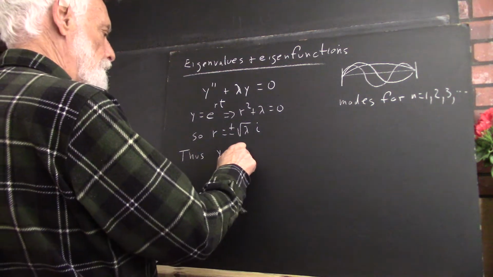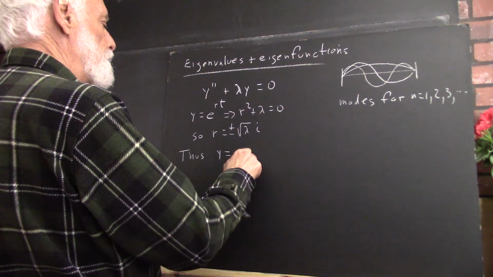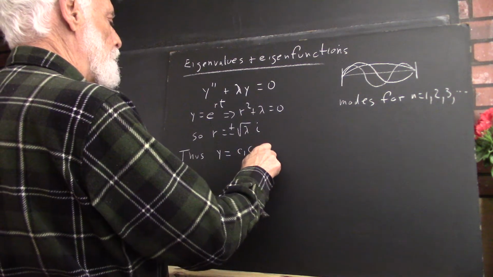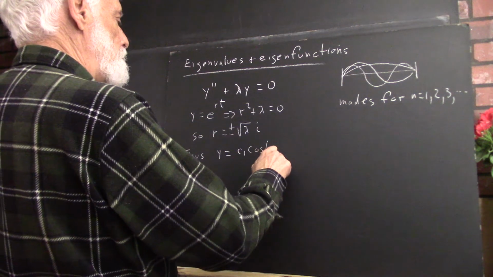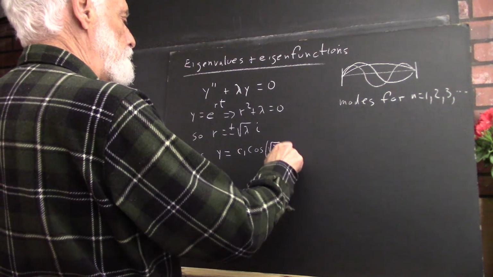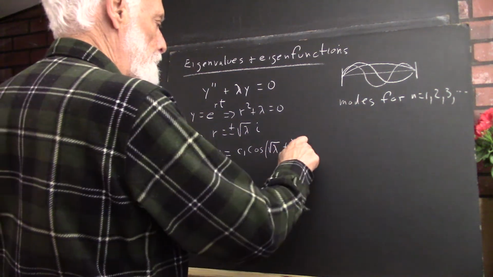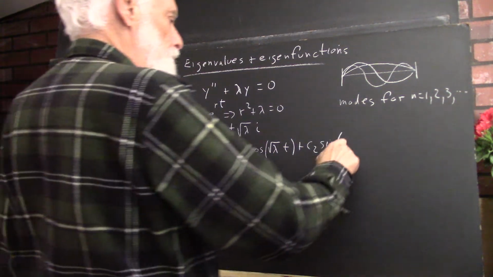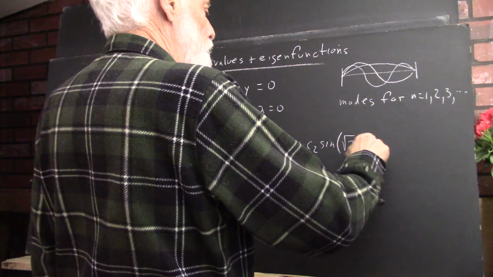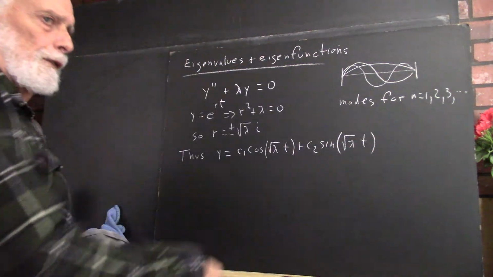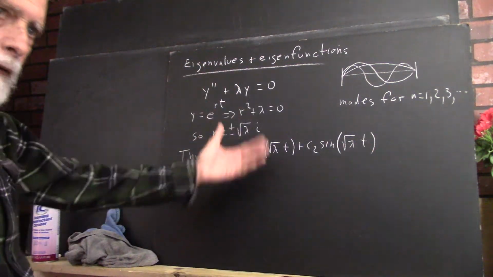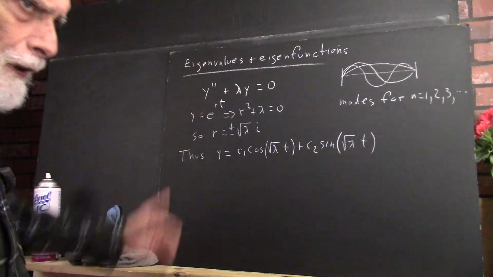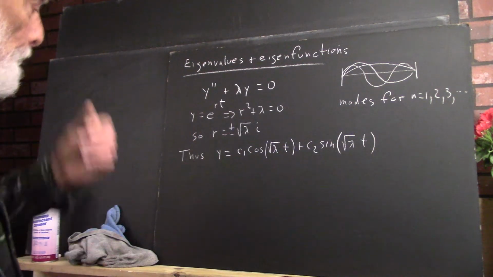I'm just going to write out the solution. So it's going to be like a C1 cosine of square root of lambda t plus C2 times the sine of the square root of lambda times t. And all this is just very straightforward application. So I have left off the details. Okay?